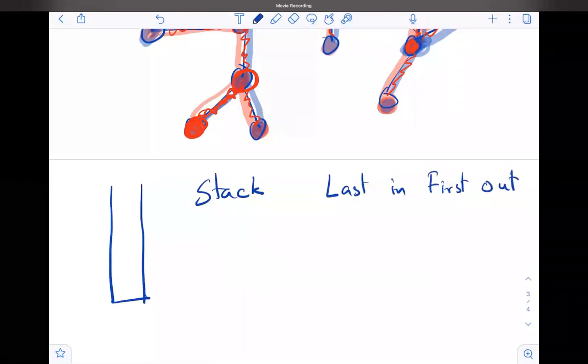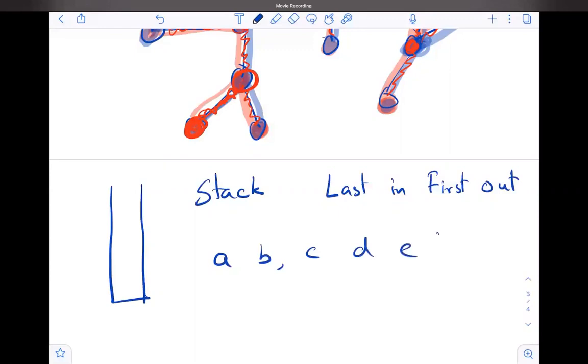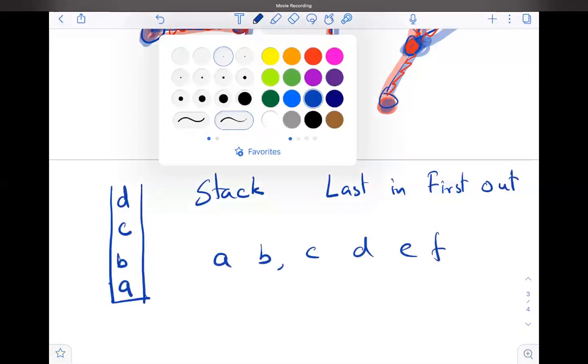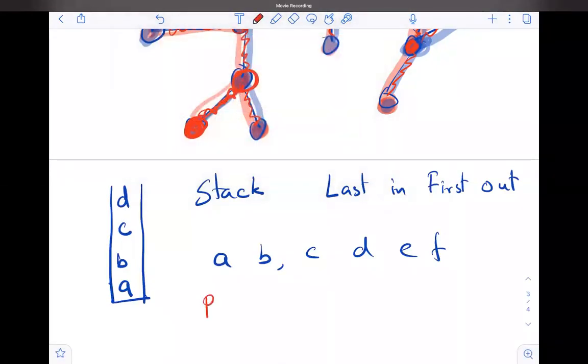The main idea is that I have this set A, B, C, D, E, F, and I can put them in a stack. I put A first, then B, then C, then D. Now when I take something out, I will not be able to take out A or B unless I have removed C and D first. It has two operations, a push operation and a pop operation.